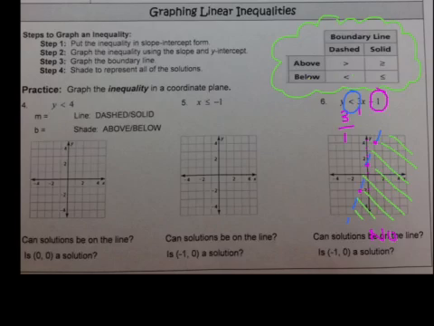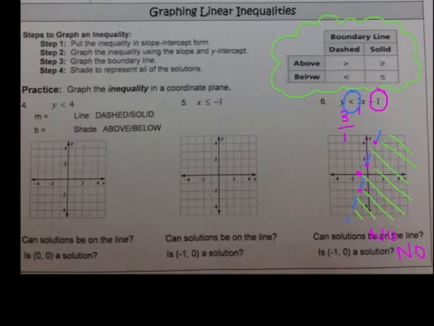If I go to the left 1 and I don't go up or down, I'm looking at this point right here. Is that in my shaded region? No, it is not. So that would not be a solution. And that's how they ask you these questions on STAAR. They would give you different answer choices and you have to find the solution.